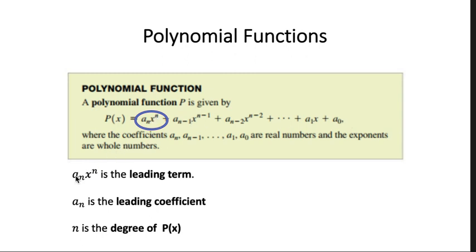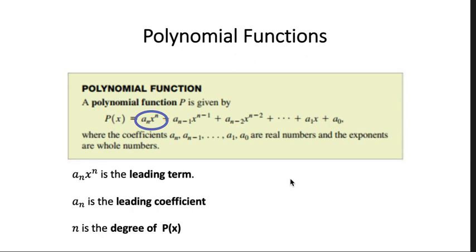We call this term a sub n x to the n, which is a sub n times x to the n power. So a sub n x to the n is the leading term. A sub n, without the x to the n part, is the leading coefficient. And n is the degree of my polynomial.